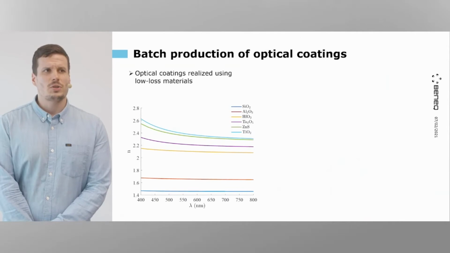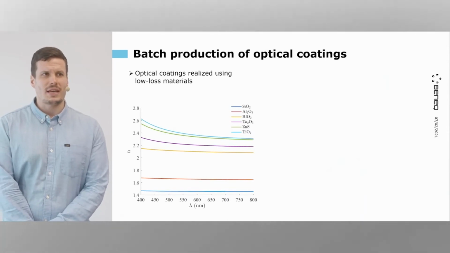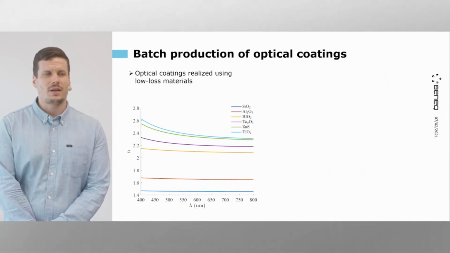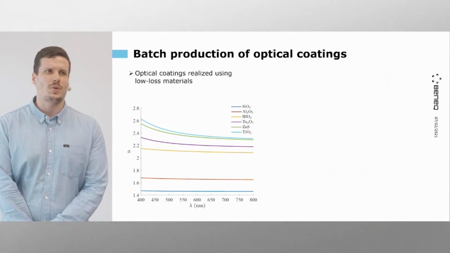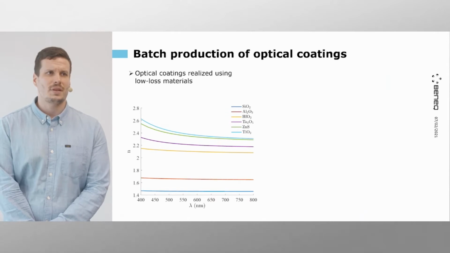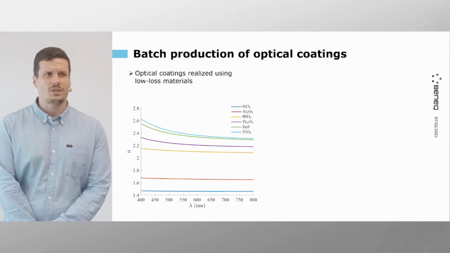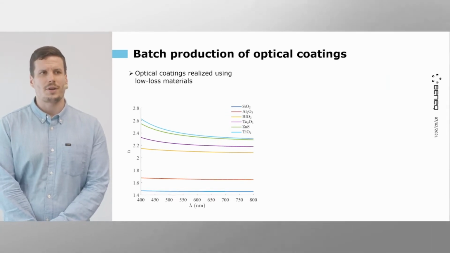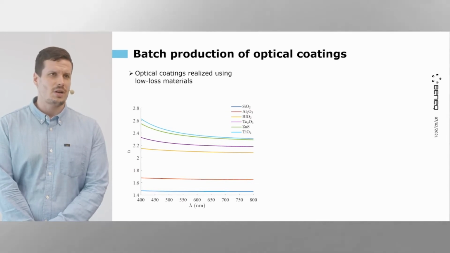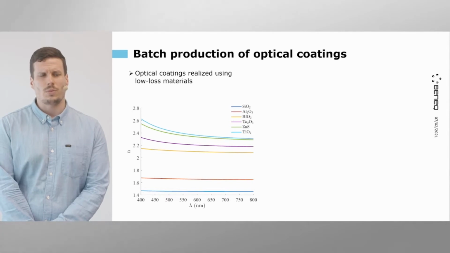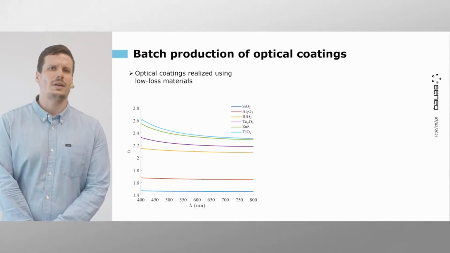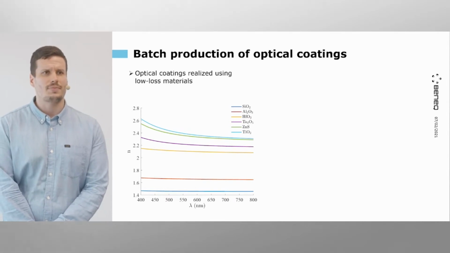So now that we have demonstrated the capability of using ALD for mass production, let us now move on to what kind of optical coatings we can and typically produce with these tools. So in our typical optical applications, we use very low-loss and particle-free materials such as silicon dioxide, aluminum oxide, hafnium oxide, tantalum oxide, or titanium dioxide as our basic building blocks.